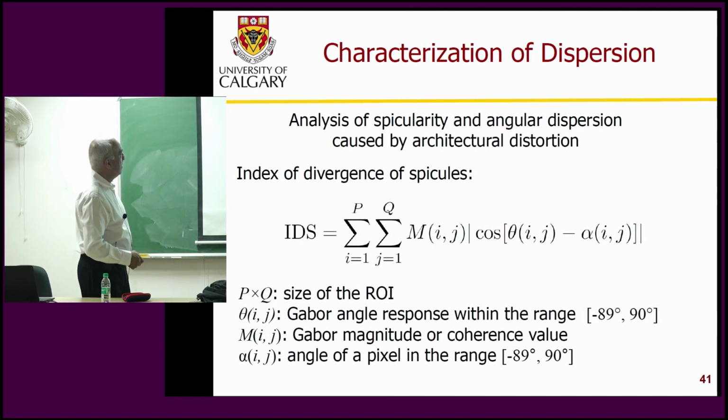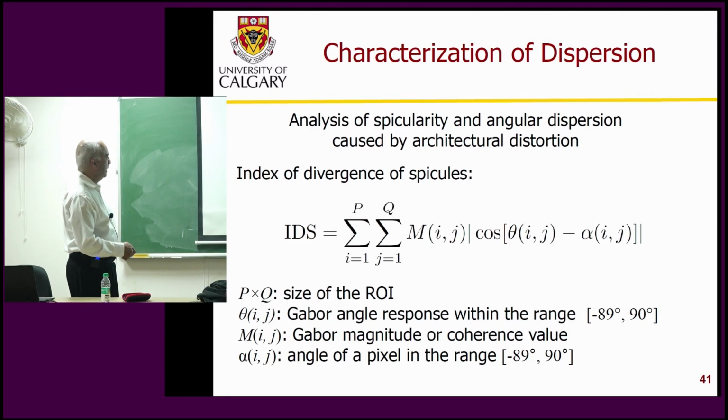So what do we have? Mij, the Gabor magnitude or coherence value, times cos of theta ij minus alpha ij. Theta ij is the Gabor angle, alpha ij is the angle of a pixel in the range given by this illustration.